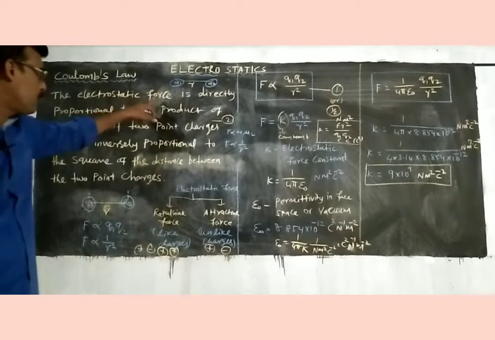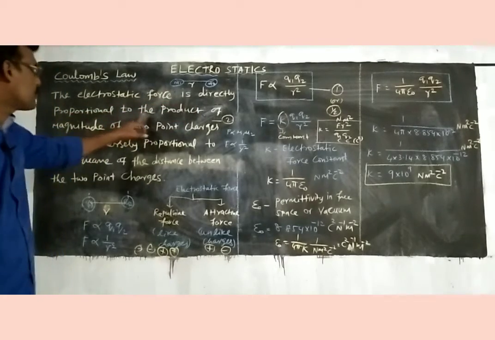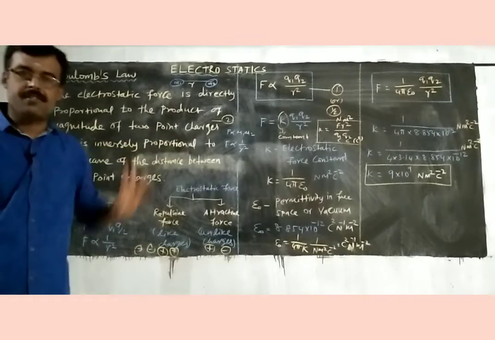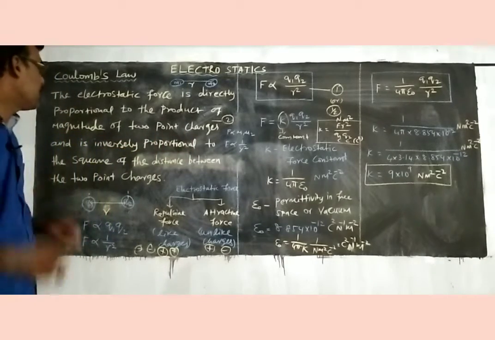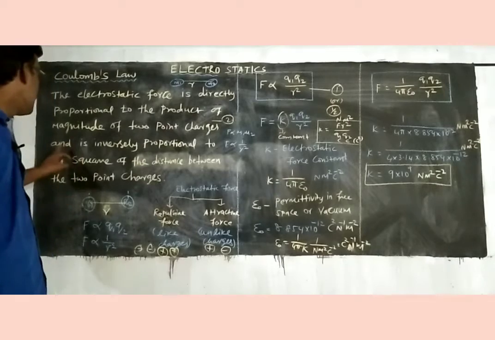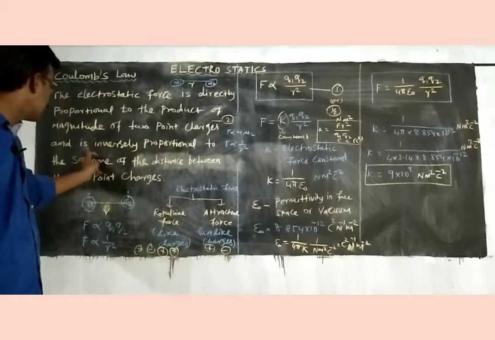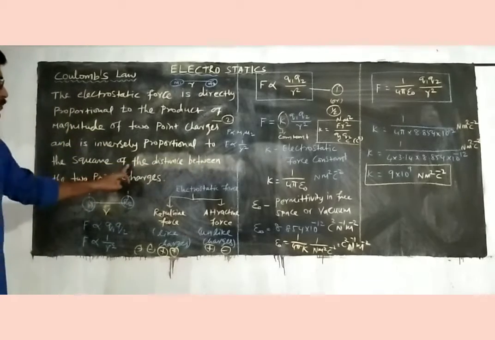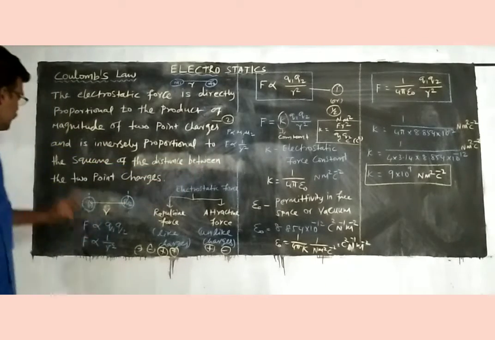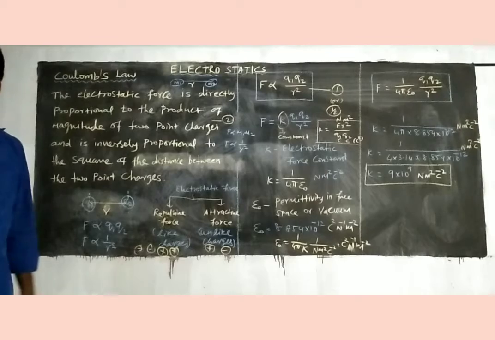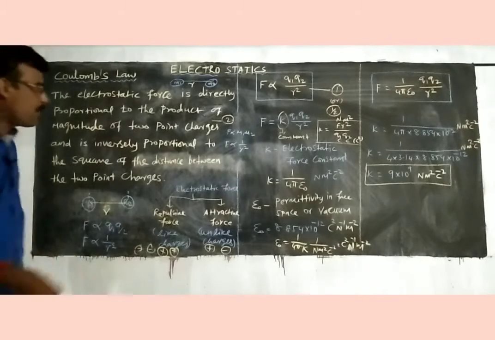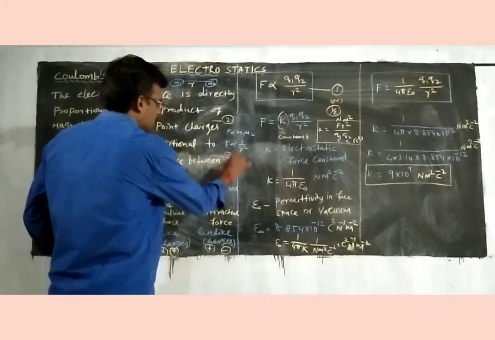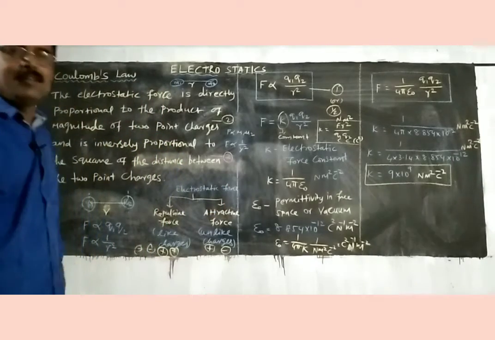The electrostatic force is directly proportional to the product of the magnitudes of two point charges, and this electrostatic force is inversely proportional to the square of the distance between the two point charges. If you write this law properly, you will get 2 marks.